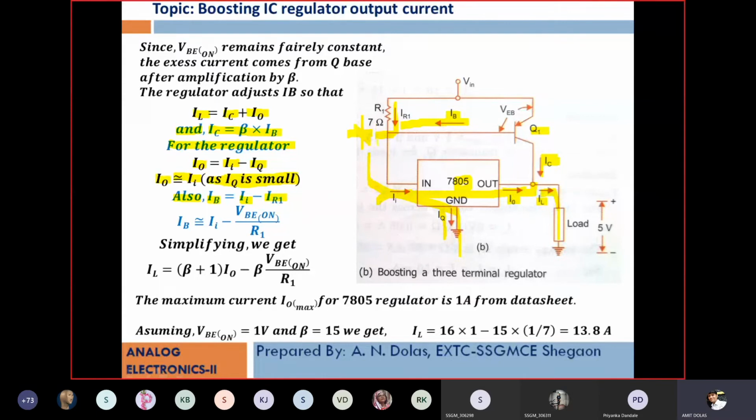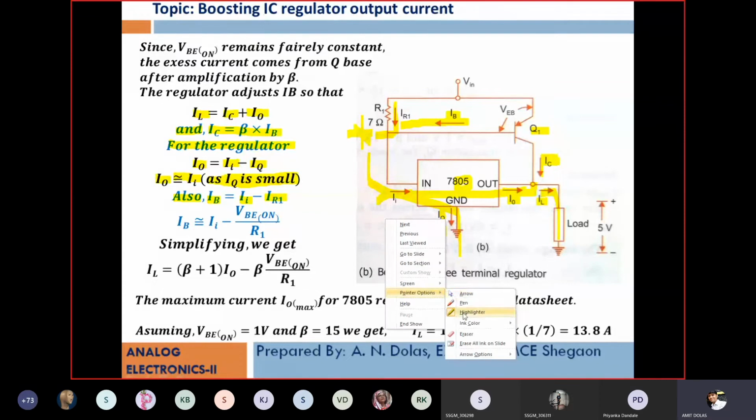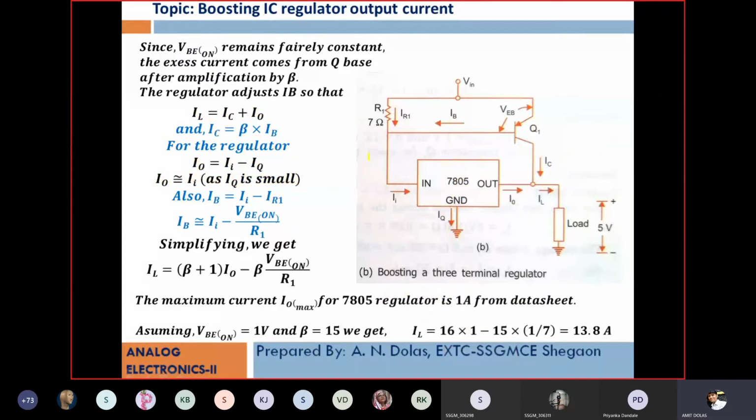So applying KCL here, the base current will be equal to the input current II minus IR1 at this node. The KCL is applied, and base current IB is approximately equal to II.